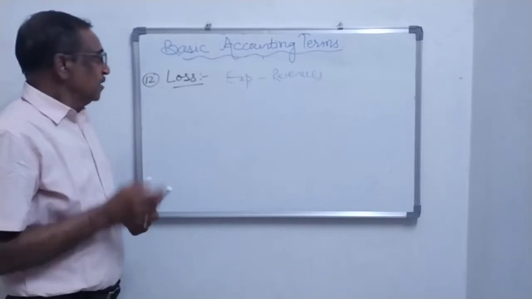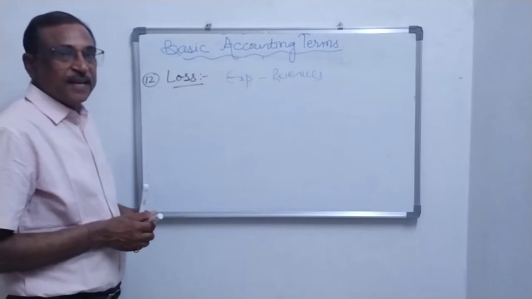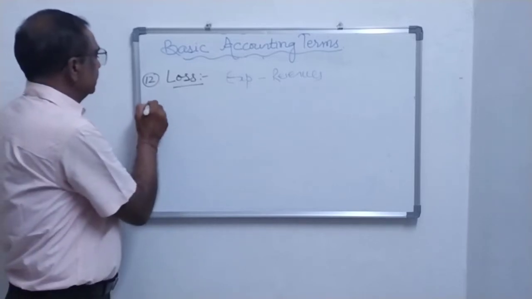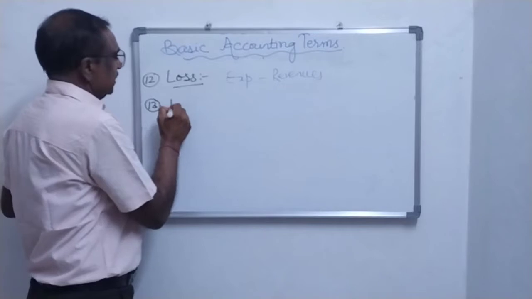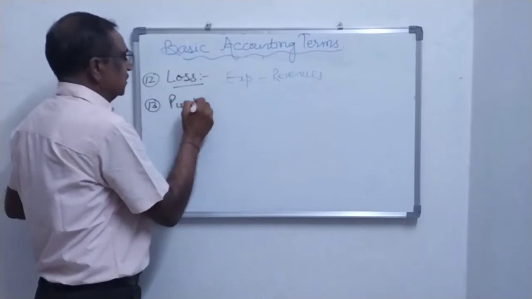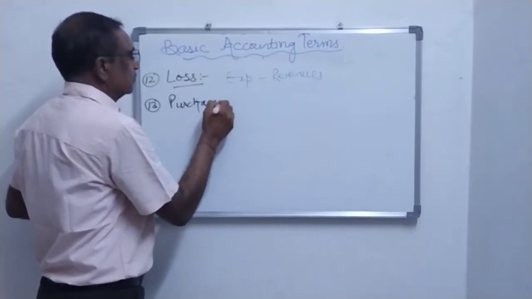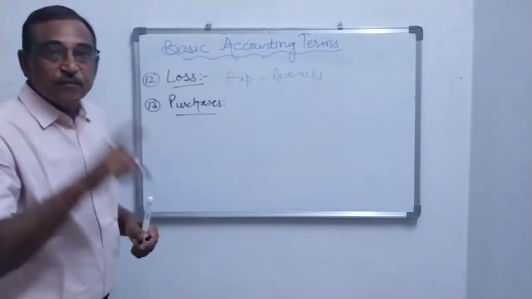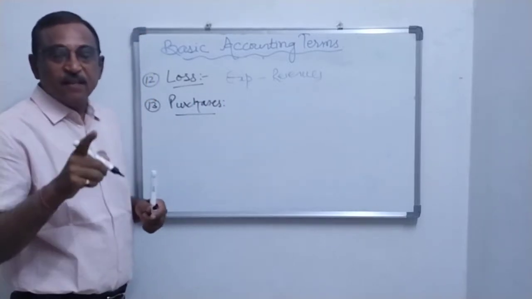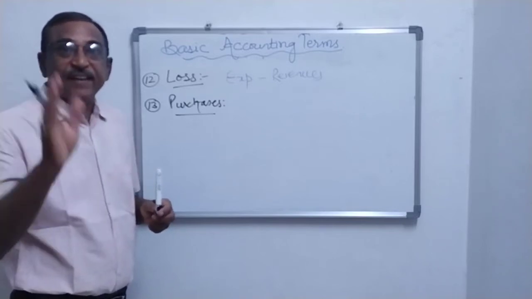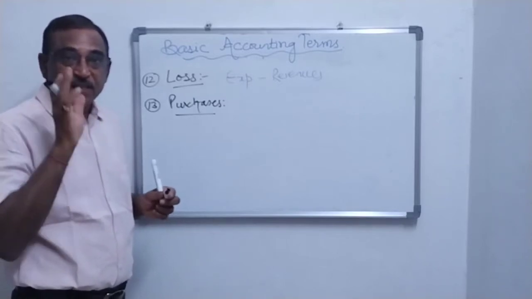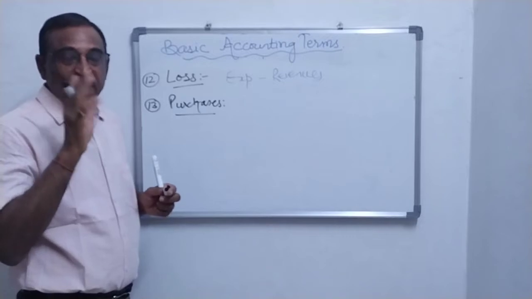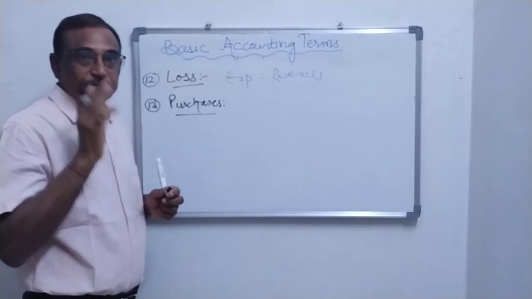Simple. So we move on to the next, and that is purchases. In accounting, we use the term purchases for the goods in which we deal, in which we trade. Okay? Which is our main point of business.